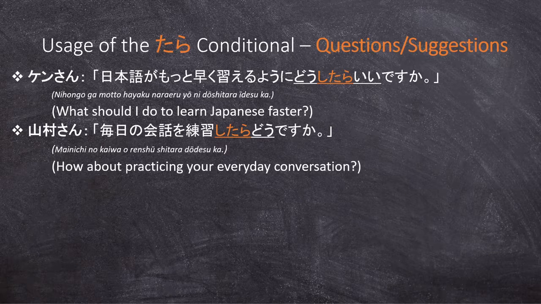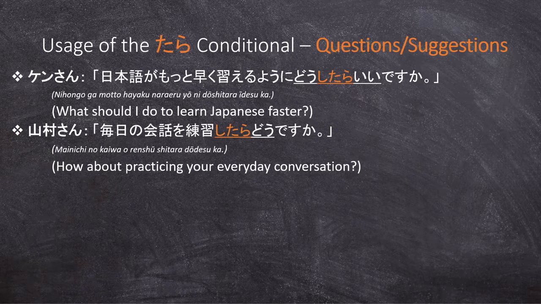Now, before we proceed to our second conversation, I would like first to turn your attention to the verbs to which we have attached Tara, and that is the verb suru in both of our examples, because first we need to form its Tara form, and that is shitara in both cases.